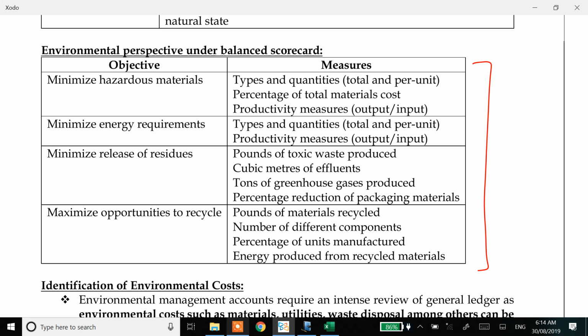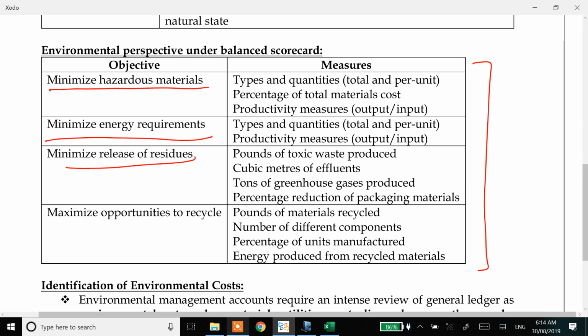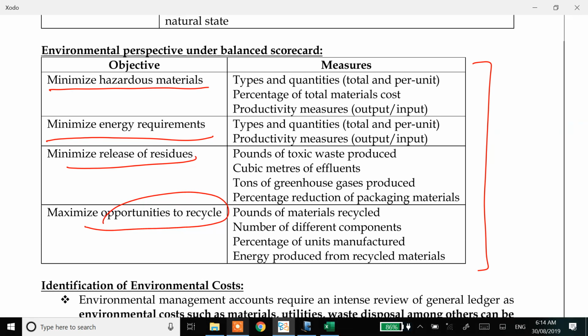Should try to treat those effluents which are getting manufactured and not discharge them into the environment. So minimize hazardous material, minimize energy, minimize release of subsidies, maximize recycling. You should try to maximize recycling to the extent possible. That is what environmental perspective of a balanced scorecard is going to talk about.